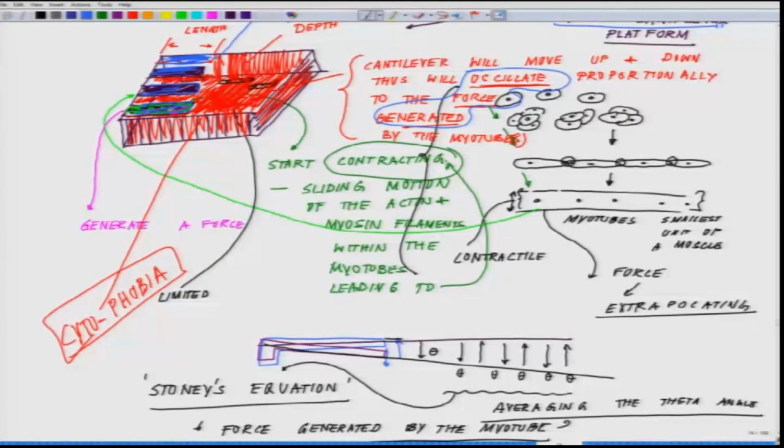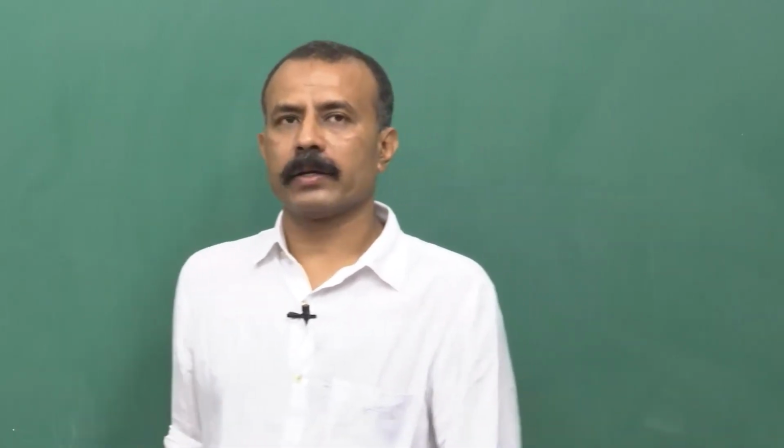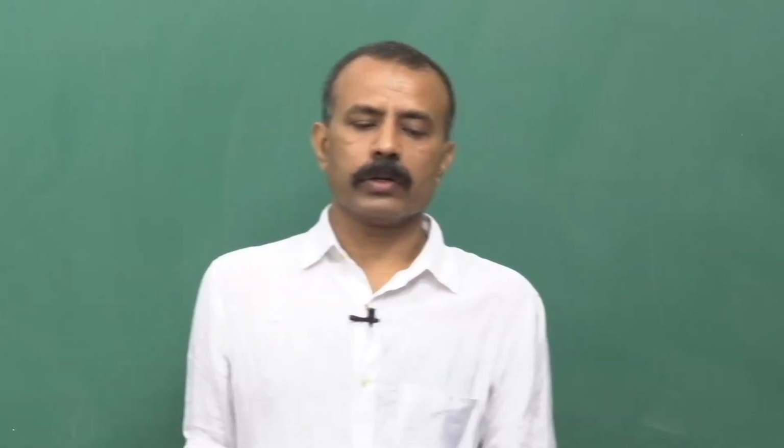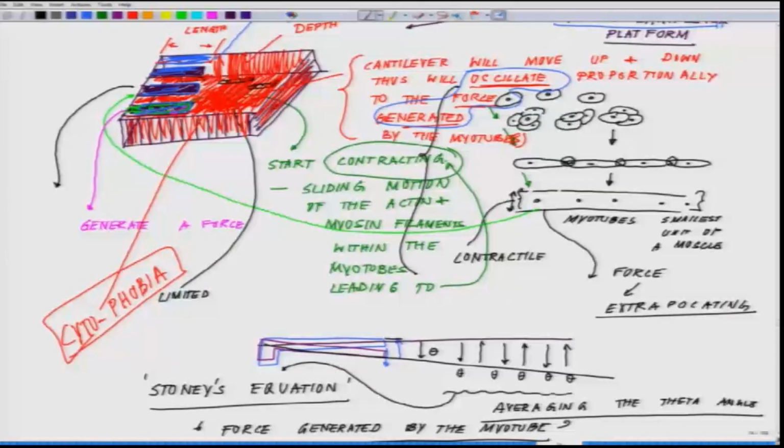Now you have the cantilevers which will promote the growth, and you have the background which will not promote the growth. If you could achieve that, then for sure what you have is what we call a patterned micro cantilever.